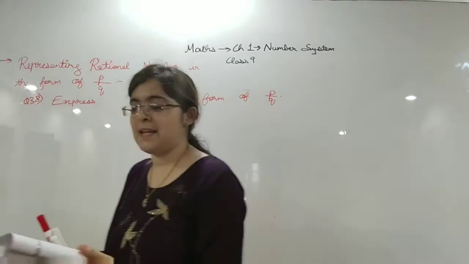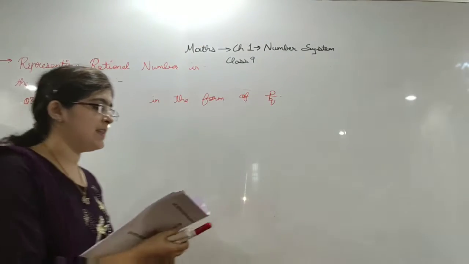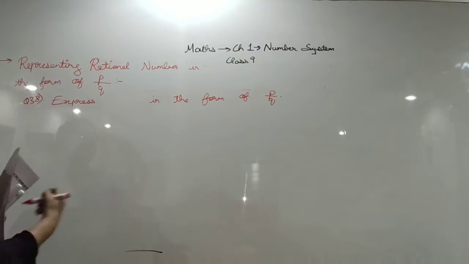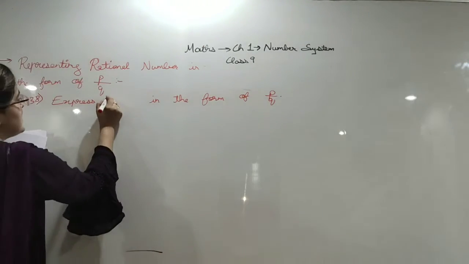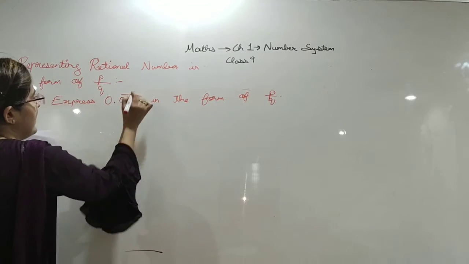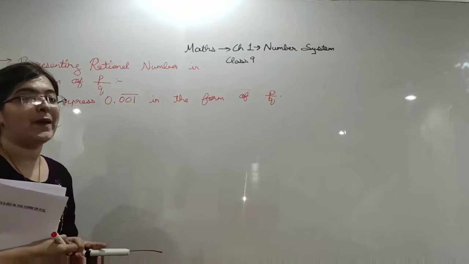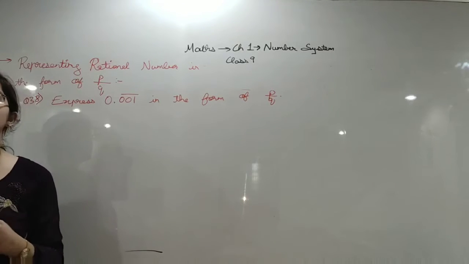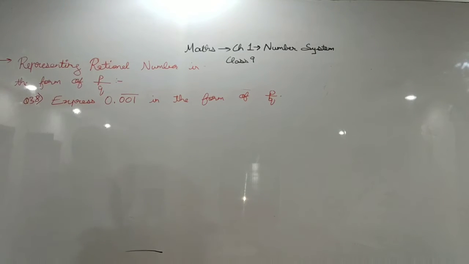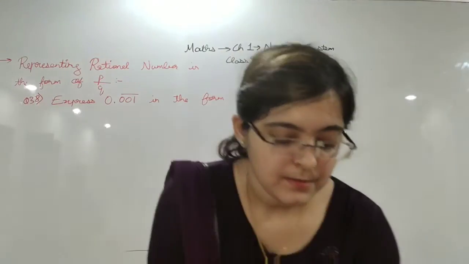Now students, let's go on question number 39. Okay, see question number 39, what it is saying. Express 0.001 bar in the form of P by Q. Okay, you have to express 0.001 bar in the form of P by Q. Let's start.